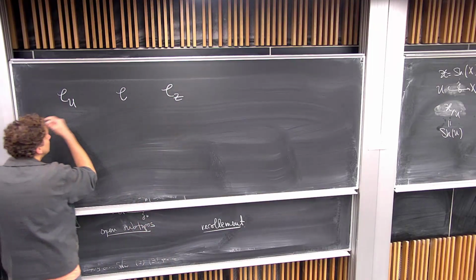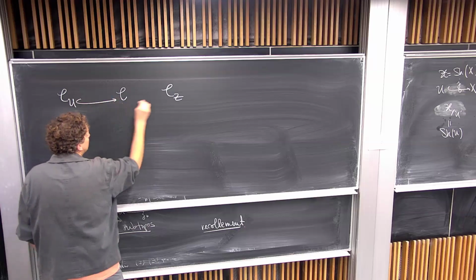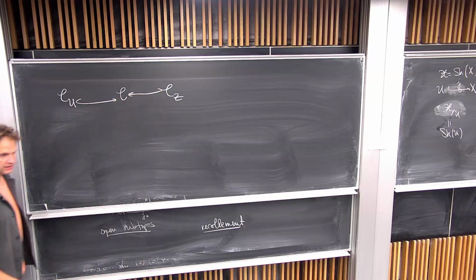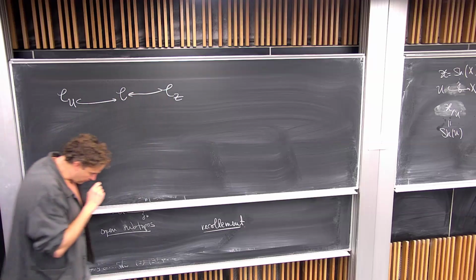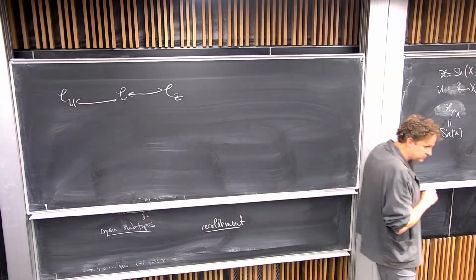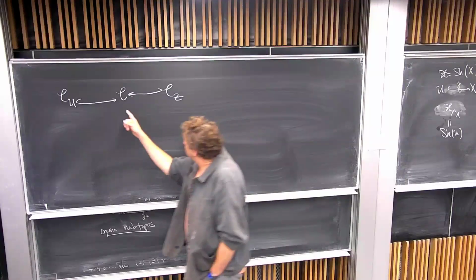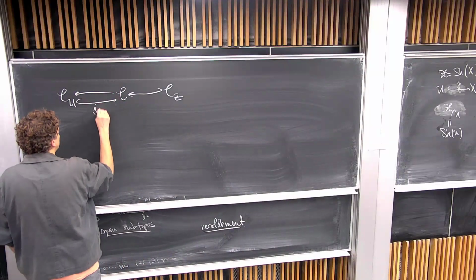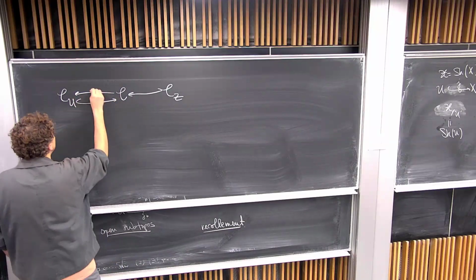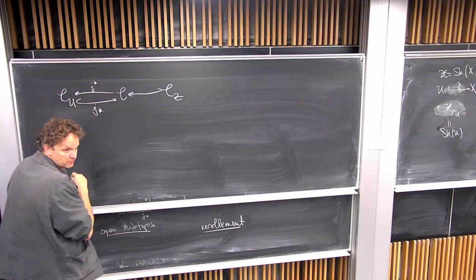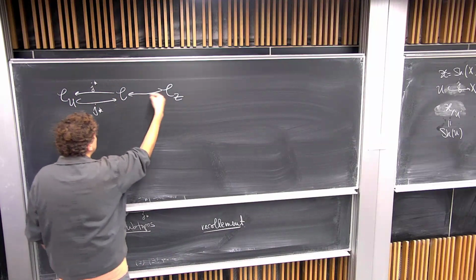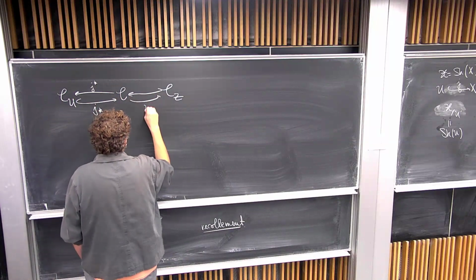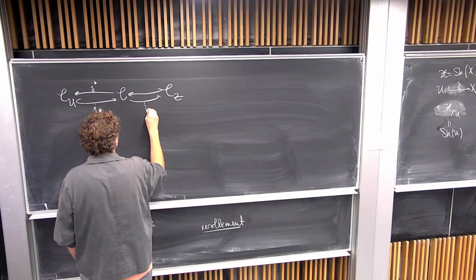These are going to be full subcategories of C, and they're going to have the following properties. First of all, this is going to have a left exact left adjoint, which I will call J lower star. This is going to have a left exact left adjoint, which is J upper star. And this is going to have a right adjoint.